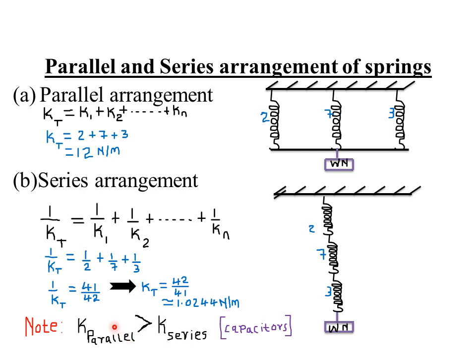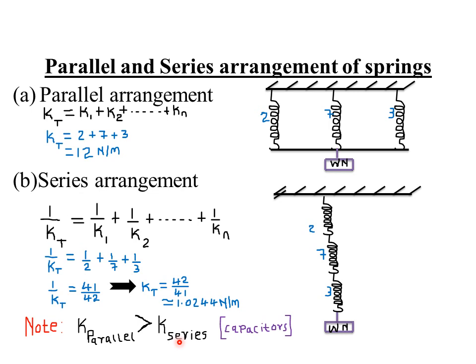So we can easily conclude that whenever identical springs are arranged in parallel, they will always give a larger value of the total spring constant as compared to when springs are arranged in series.